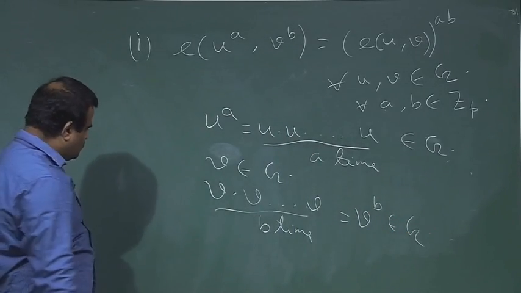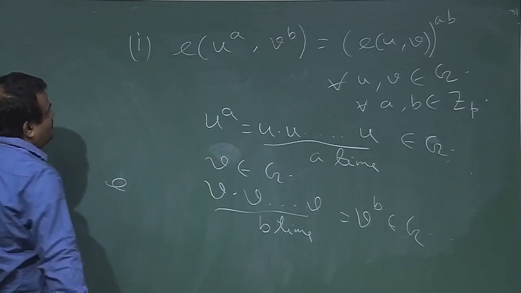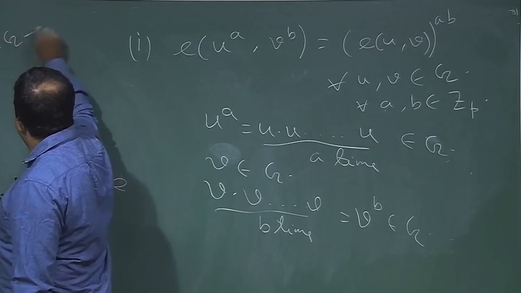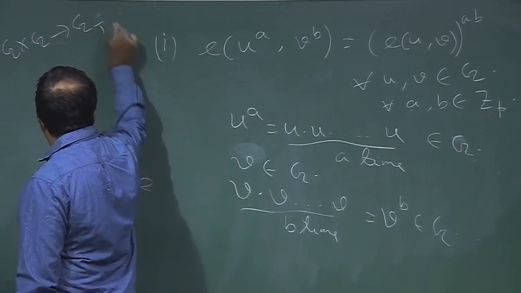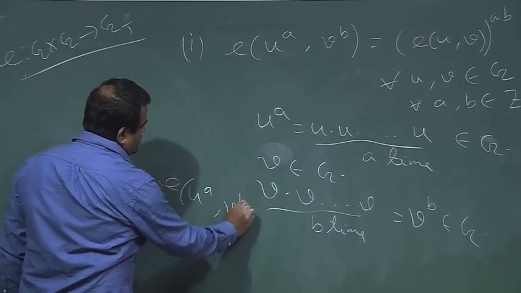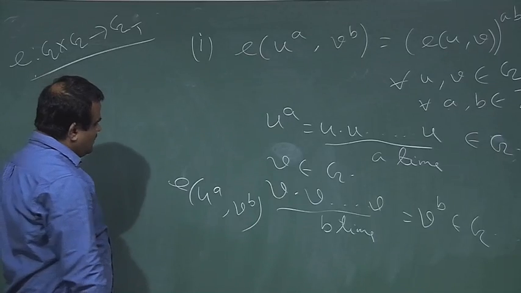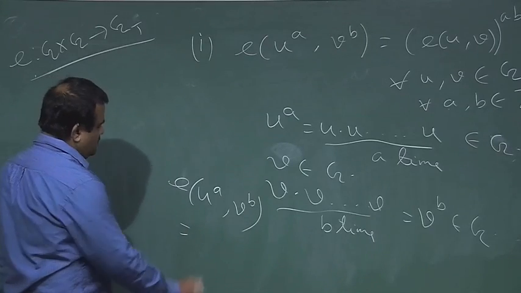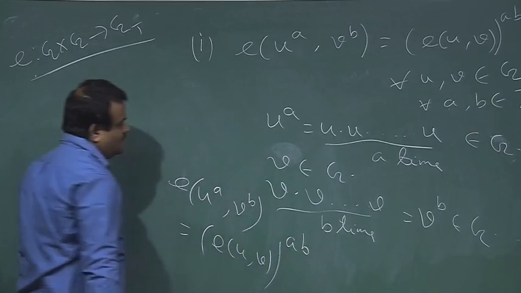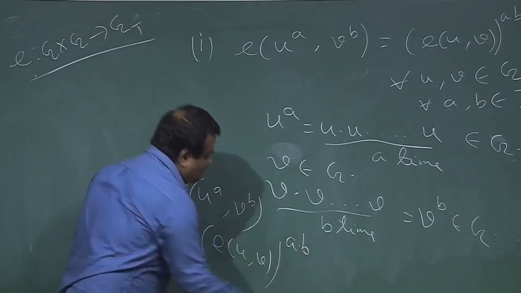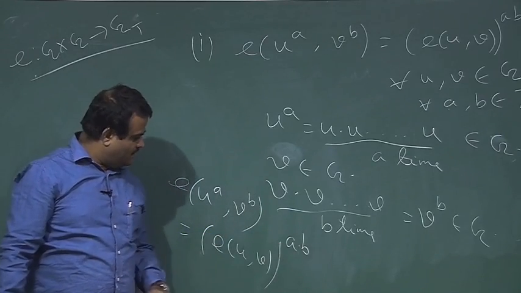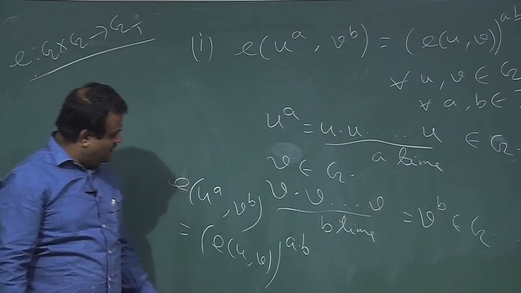So if these two belong to G, then we can talk about their mapping E, because the map is defined from G cross G to GT. Now this should be equal to E(u,v)^(ab), where ab is a modulo P operation over Z_P, our underlying field.